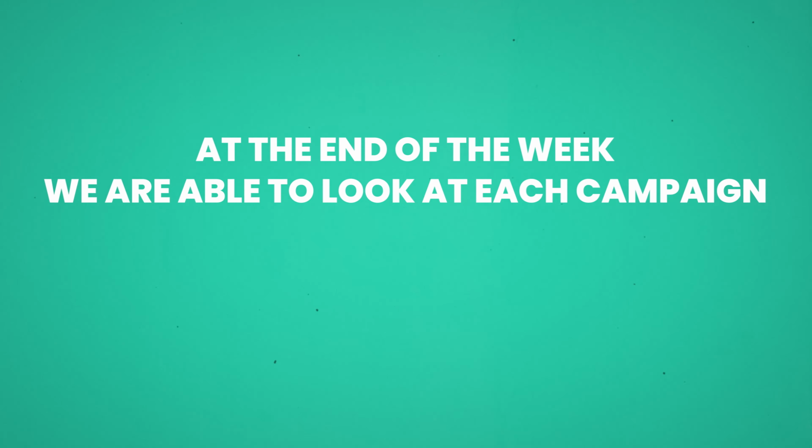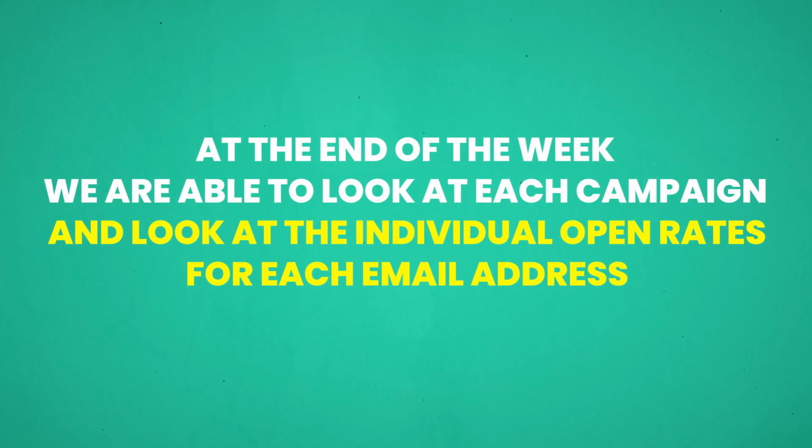But at the end of the week, we're able to look at each campaign and look at the individual open rates of each email address and look at how healthy the email address is, basically, and then make decisions for next week's campaign as to whether we use that email address or we don't. Maybe it needs fixing. Maybe it needs a little rest.